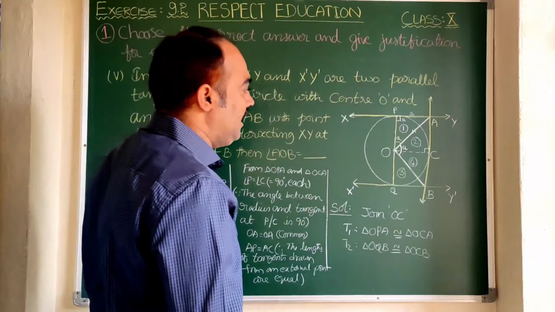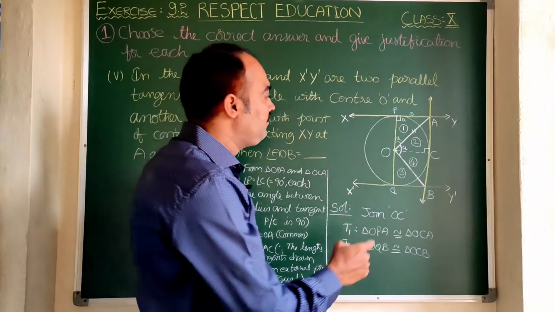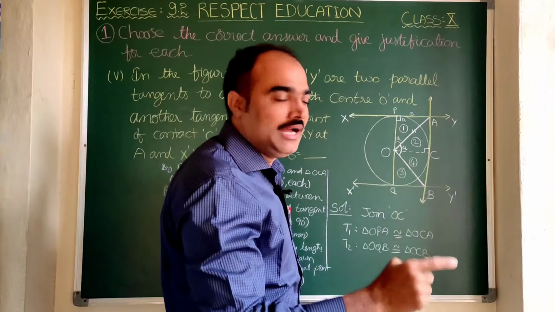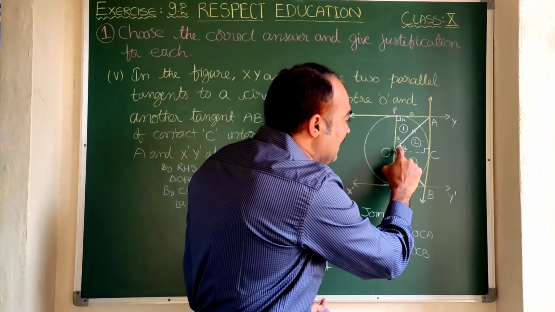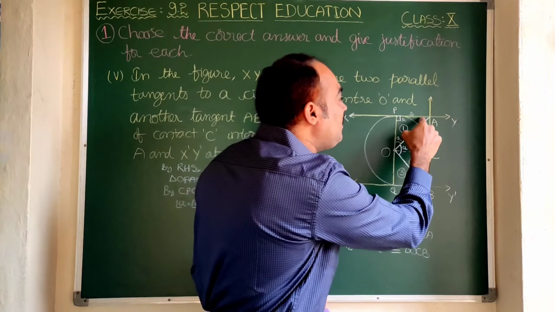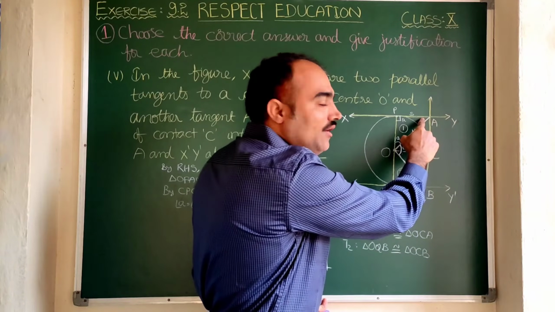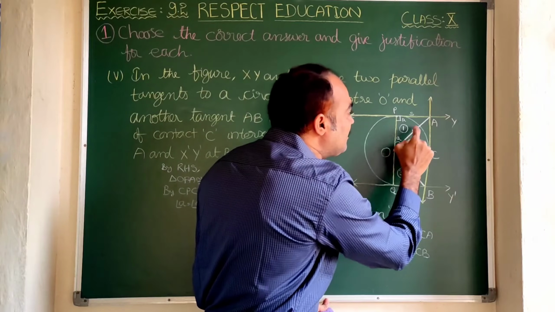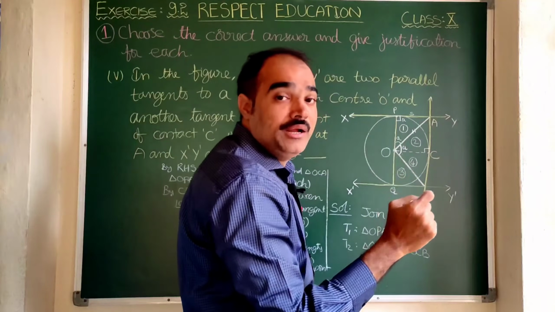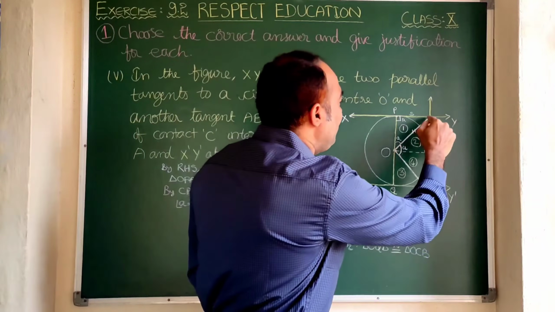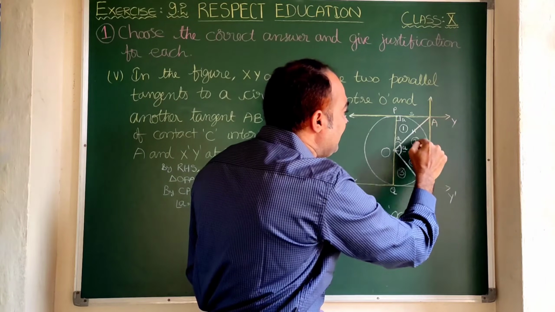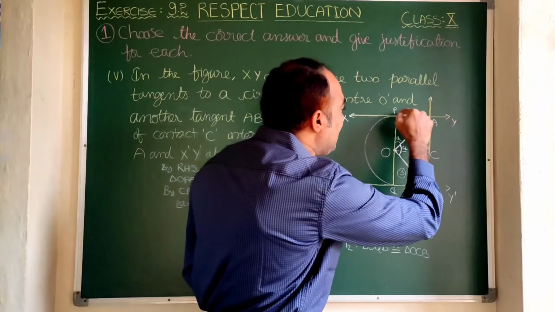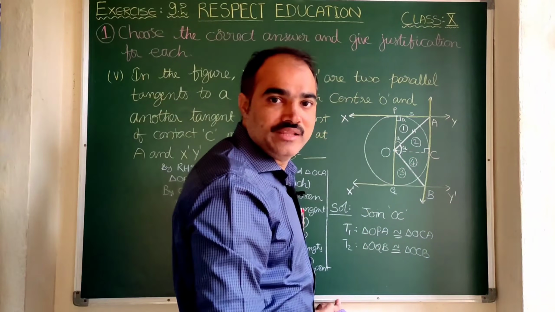Here I repeat a small thing for your confirmation. When two triangles are congruent, corresponding parts are equal, this angle is equal to this angle. But here we have taken 90 degrees, the common hypotenuse, and AP is equal to AC also, right?